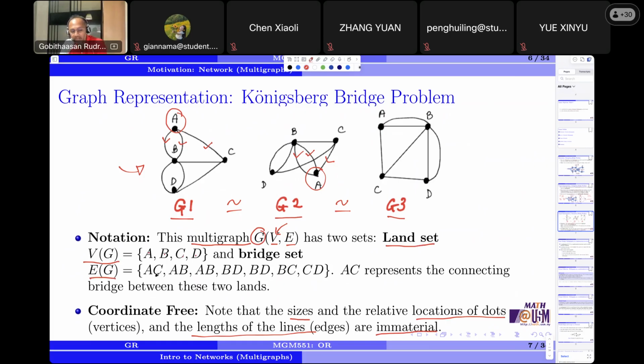For example, I write in short AC, which represents a bridge connecting land A and land C. A proper write-up would be (A, C) in brackets. That is how we represent a multigraph. So these are some very basic properties of a multigraph.